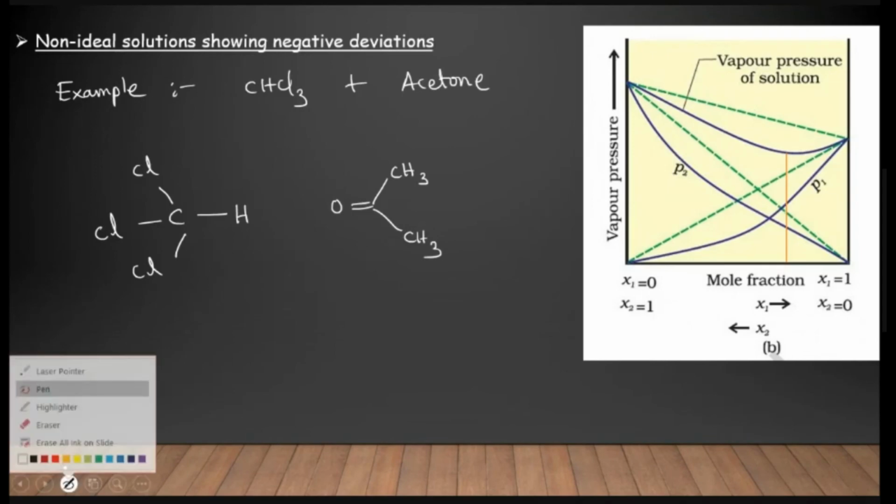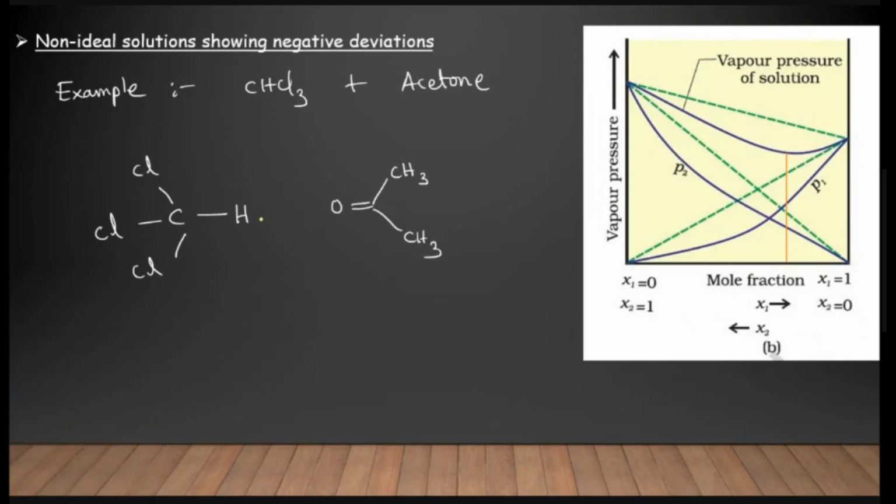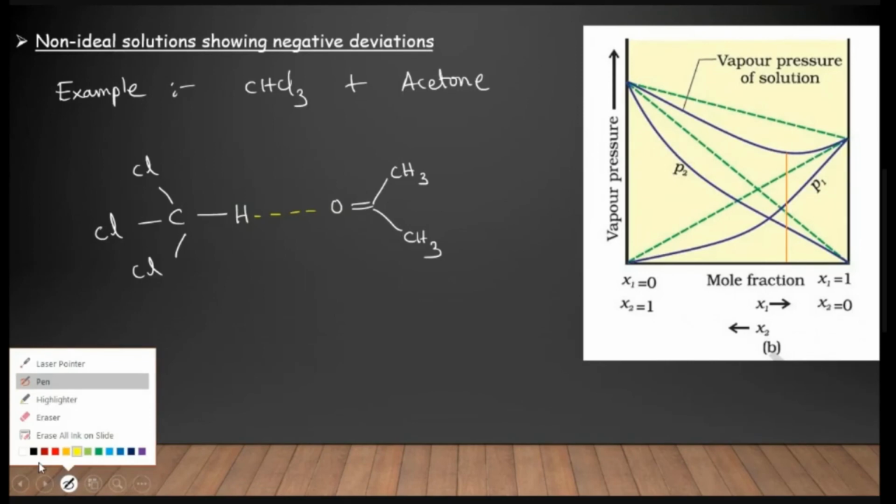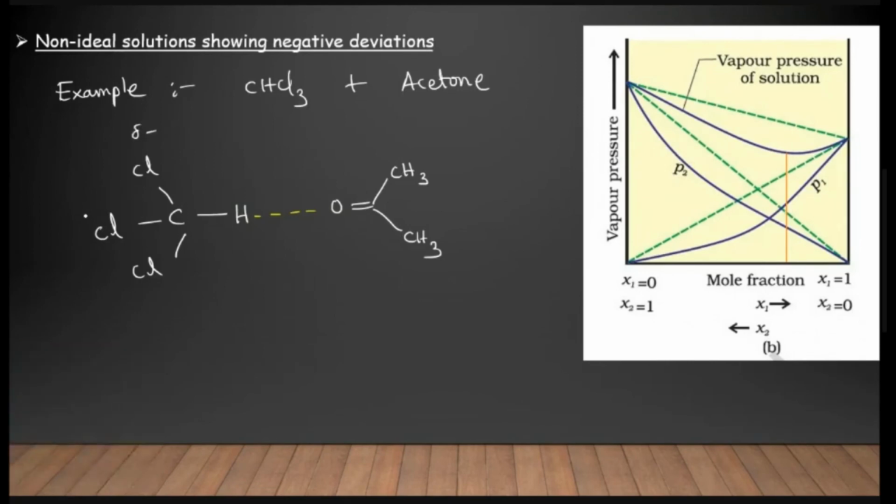Here we have hydrogen bonding between chloroform and acetone. The oxygen atom of acetone will form a hydrogen bond with the hydrogen atom of chloroform. I have delta negative on the oxygen, delta positive on the hydrogen. Okay, so this hydrogen bonding is going to be a very strong bond or strong interaction.